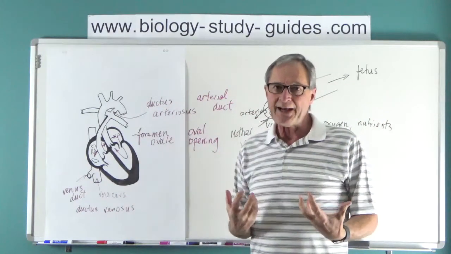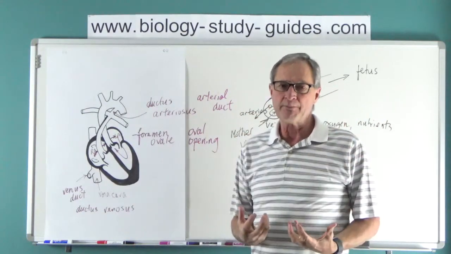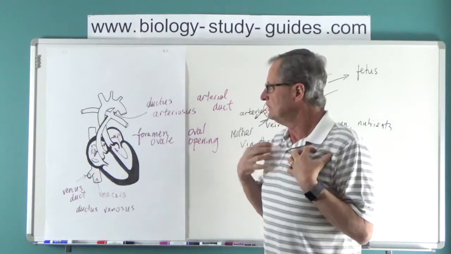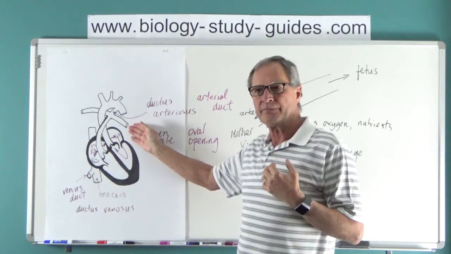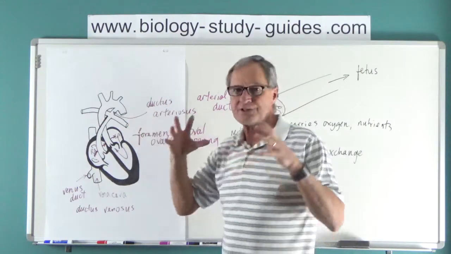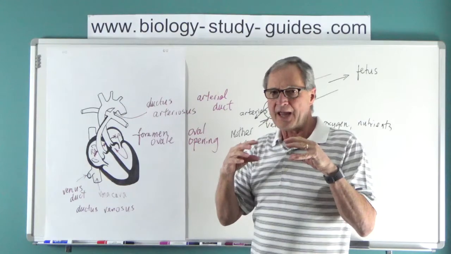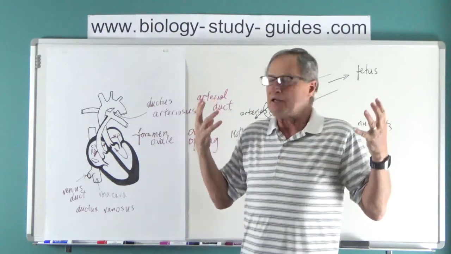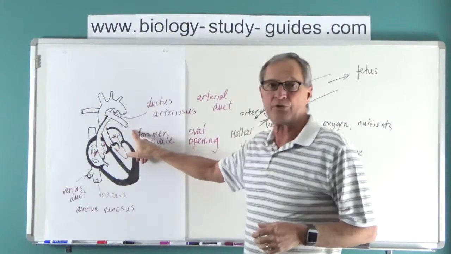The effect of that is really, really important, because as soon as the baby inhales, the lungs expand. The lungs previously were dense tissue, and blood couldn't really get through them anyway, but now that they're expanded, the blood can get through.